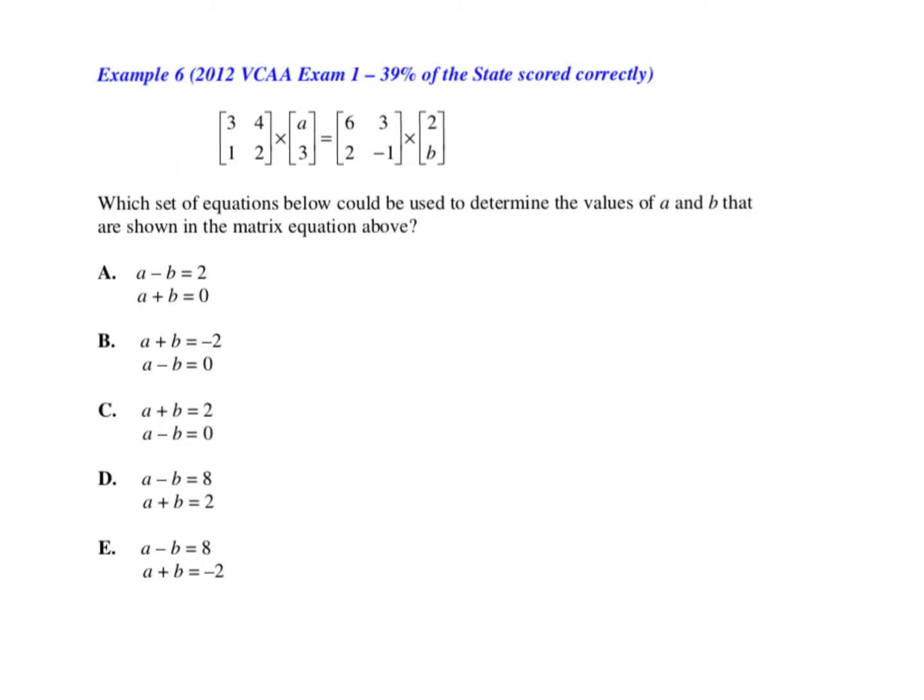Here we've got a matrix multiplication. Which set of equations could be used to determine the values of A and B that are shown? When you're multiplying, say I multiply this row by this column, that's row 1, column 1, so it would give me the answer over here.